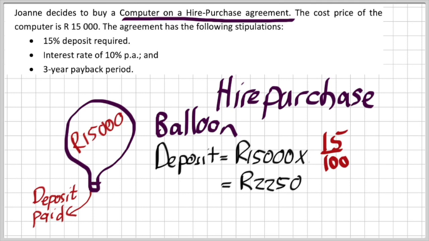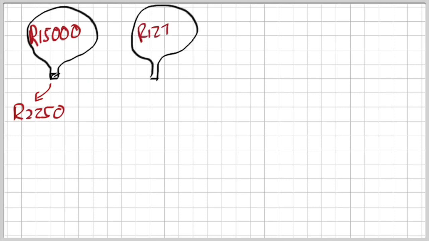So this means, ladies and gentlemen, I have taken the balloon, 15,000 Rand, I've let out 2,250 Rands worth of air, and now I am owing them 12,750 Rand. So my balloon has shrunk a little bit, okay? But it's still a big balloon, 12,750 Rand in there.